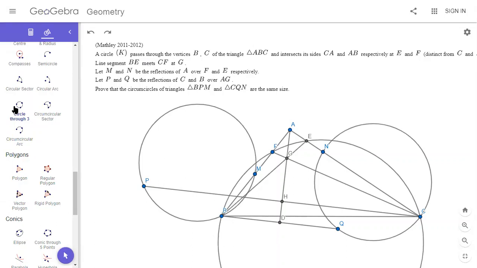And can we show G also has the same power? How would we do that? It's kind of interesting. We want to show G has the same power with respect to those two circles.